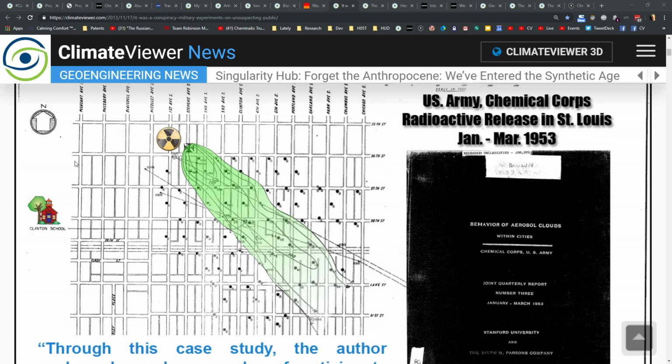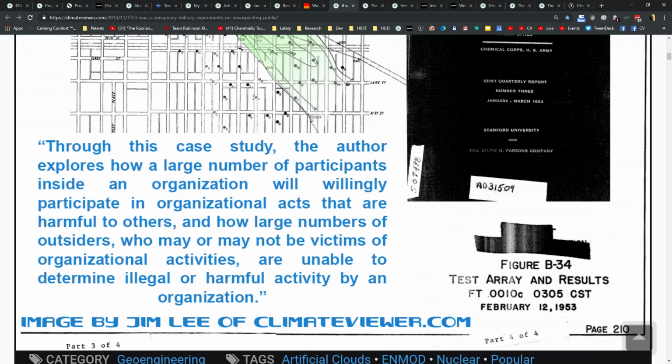And what's scary about this is this quote. "Through this case study, the author explores how large numbers of participants inside an organization will willingly participate in organizational acts that are harmful to others, and how large numbers of outsiders who may or may not be victims of organizational activities are unable to determine illegal or harmful activity by an organization."